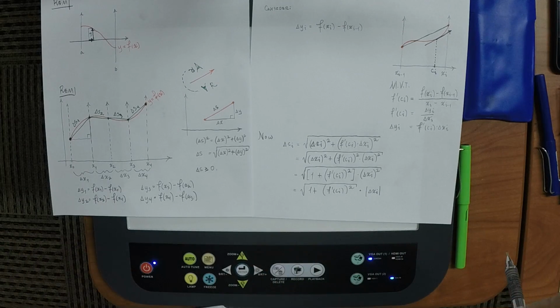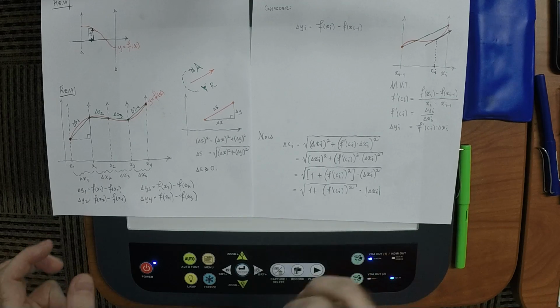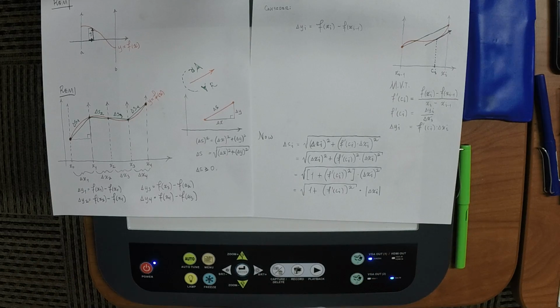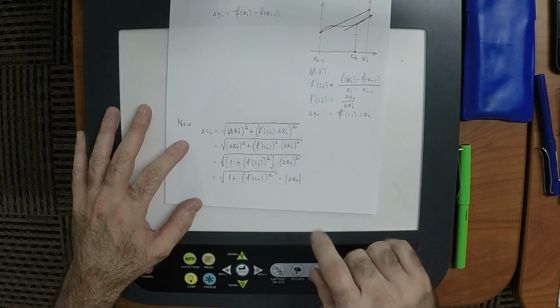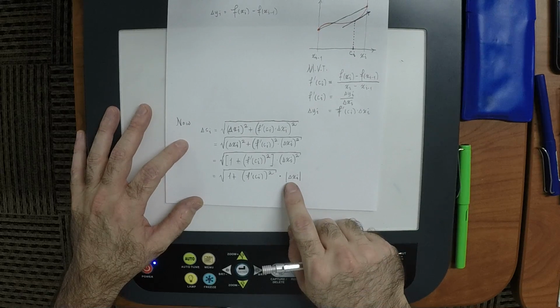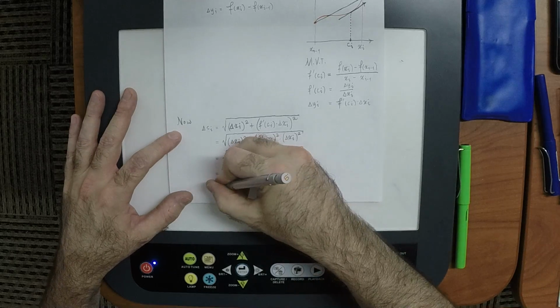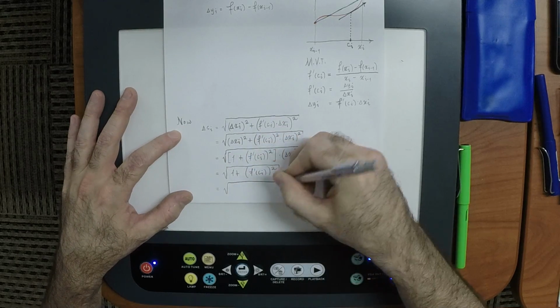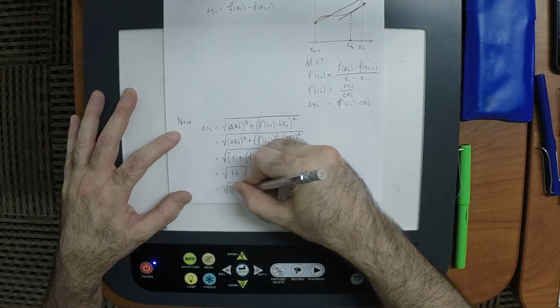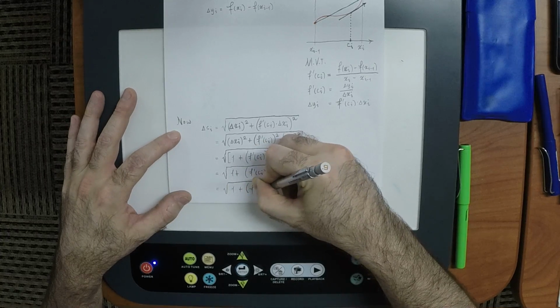That means that it doesn't make sense to reckon one-dimensional things as having a signed length in a two-dimensional setting. As a result, when we carve this all up, we will always ensure that delta xi is positive. So now I'll drop the absolute value for that reason. But don't think that it's just for convenience. There's a reason for it.